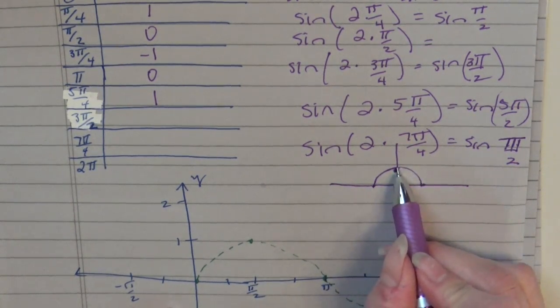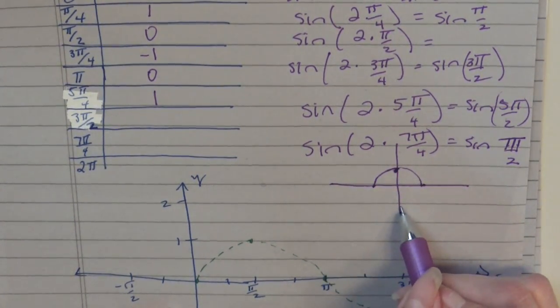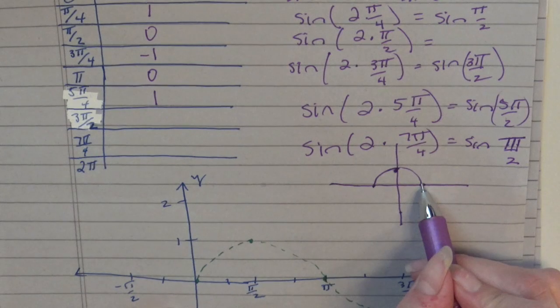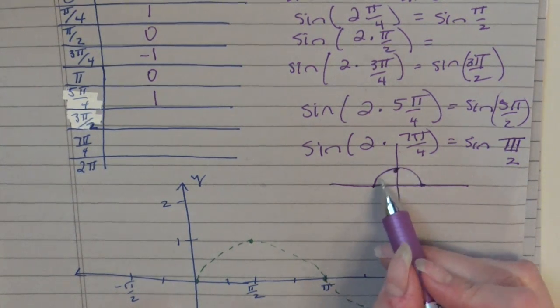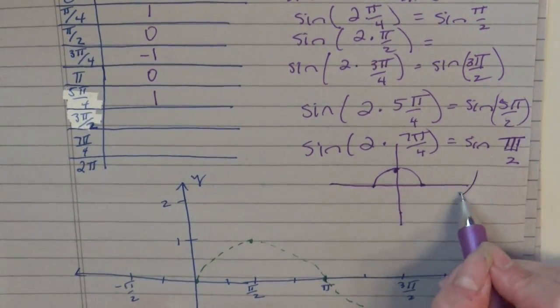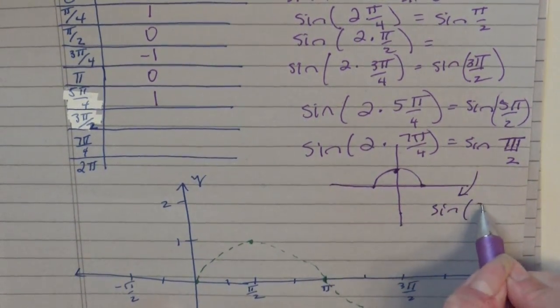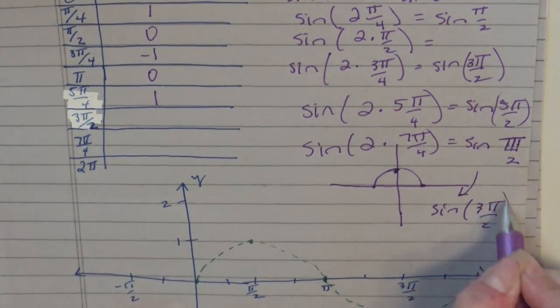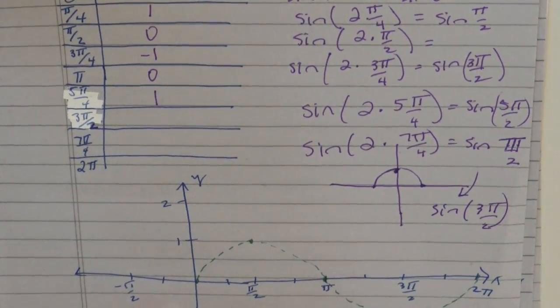Here's pi over 2, 2 pi over 2, 3 pi over 2, 4 pi over 2, 5 pi over 2, 6 pi over 2. Here's 7 pi over 2. The reference angle for that is 3 pi over 2. So we need sine of 3 pi over 2, and we know that's negative 1.